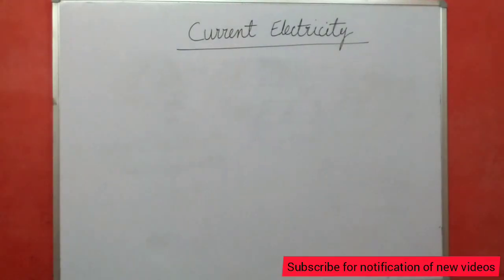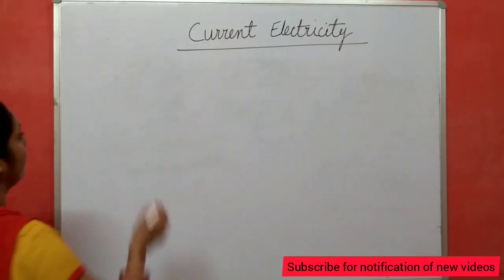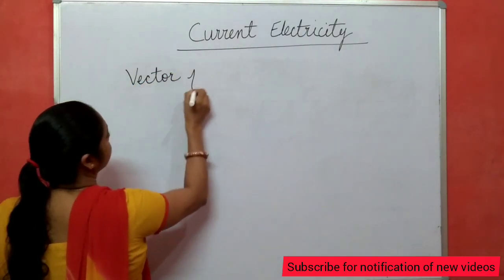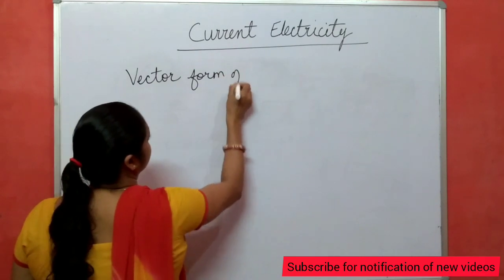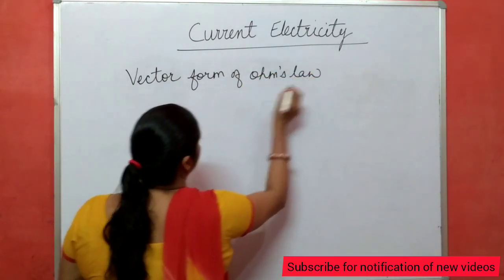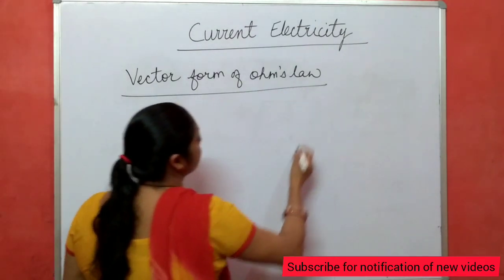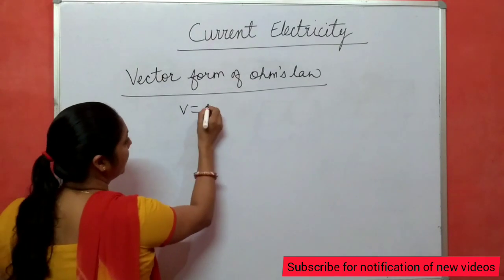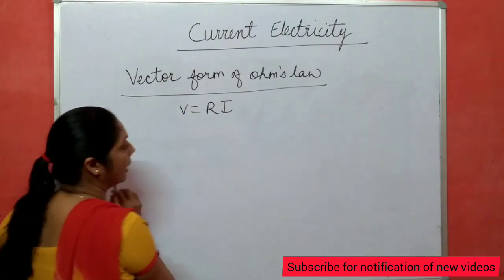Next, the vector form of Ohm's law. We want Ohm's law in vector form. You know the scalar form, already proved, V equal to RI.